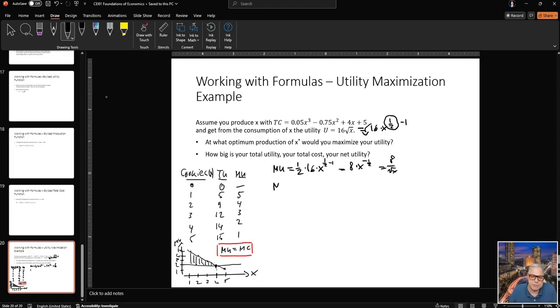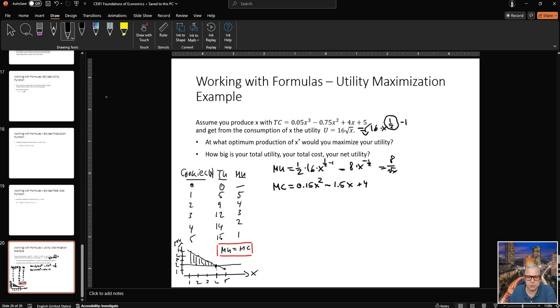The marginal cost function, we already did that also, so the 3 goes in front, so I'll have 0.15 x squared minus, okay, 2 goes in front, so 1.5x. So we have to subtract again the 1, plus there's this invisible 1 times 4, so that is only plus 4. Okay, so they need to be equal.